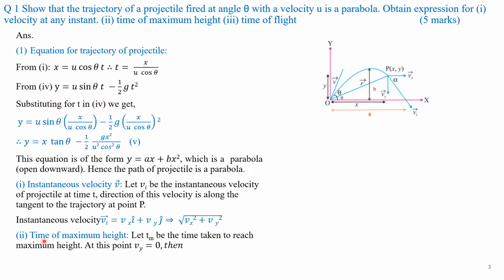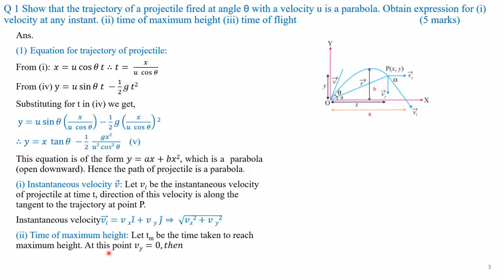Next we will take up time of maximum height. Please see the figure. Here the maximum height is reached at almost the center of this parabola and h maximum is shown here. Now we have to calculate the time at which it reaches the maximum height. Let Tm be the time taken to reach the maximum height.